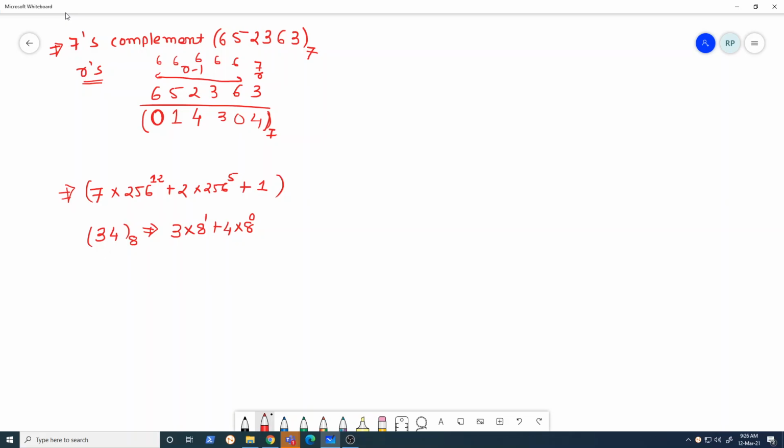Then this is 3 into 8, that is 24, plus 4 into 1, that is 28. This is the decimal number, base 10. This is just a simplification of this number.